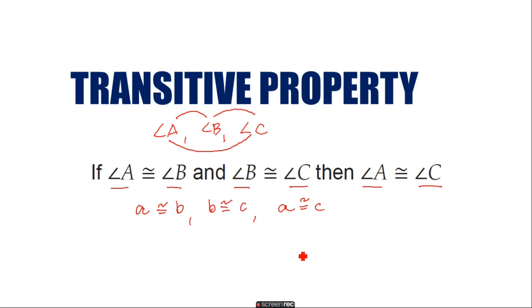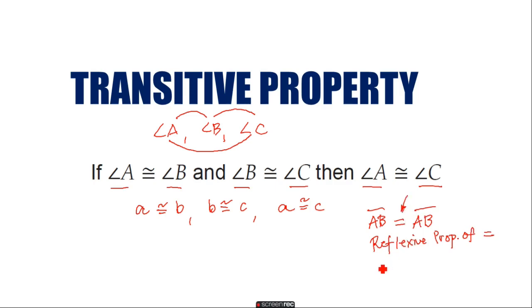Now, how do we illustrate that? Say for example, if I have line segment AB is equal to AB. Therefore, this is the reflexive property of equality because the symbol that we used here is equality.